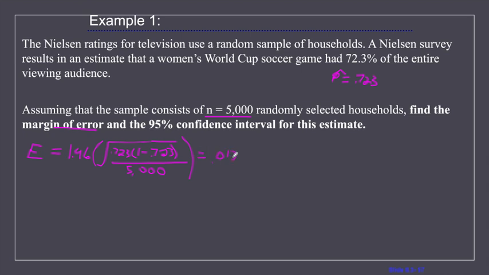So in order to construct my confidence interval, I'm going to take p hat minus my error is less than our true population proportion, and our true population proportion is less than p hat plus my error. So I'm going to take 0.723 minus our error, and 0.723 plus our error.